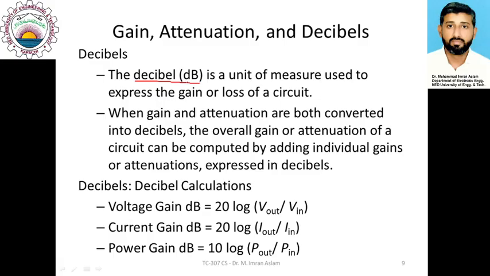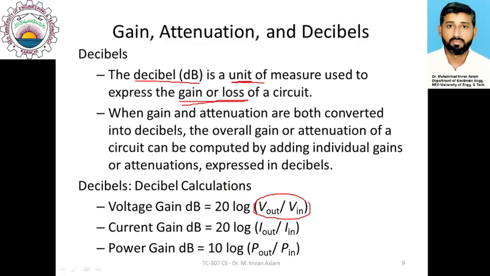So we always calculate this decibel in the form of a ratio. You can see that we have a ratio here and represent it in decibel units. So the decibel is a common unit whenever we try to calculate the overall gain or loss in a circuit.